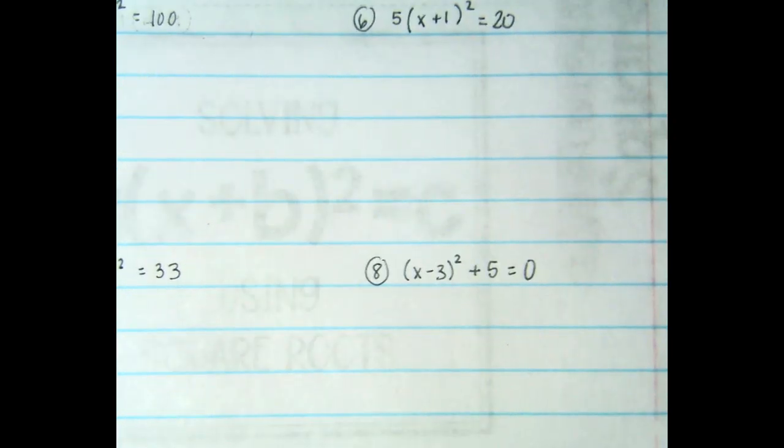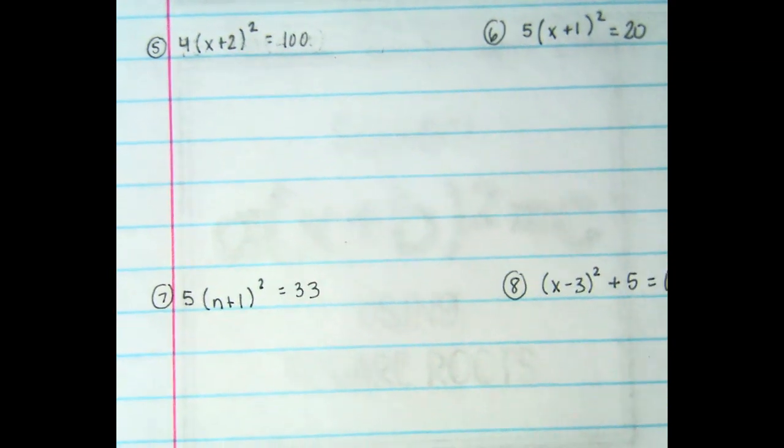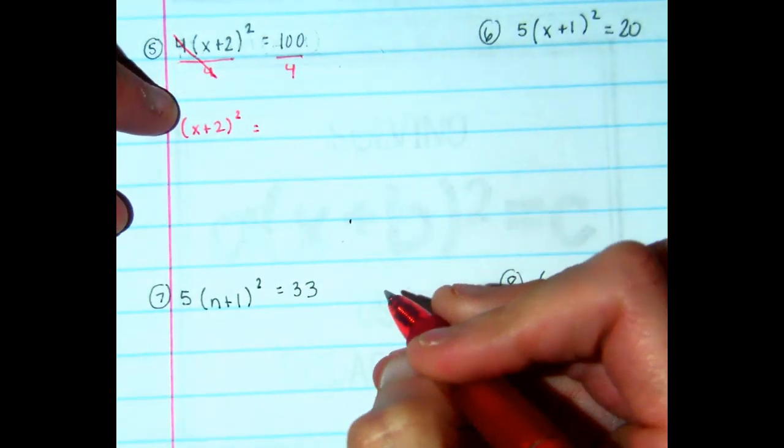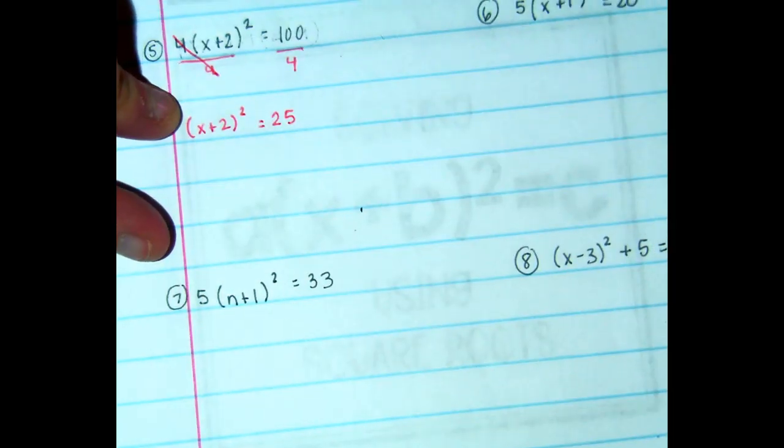Alright, number 5. What did you guys do first on number 5? Divide by 4. What is 100 divided by 4? It's what? 25. Okay, so then what'd you do?